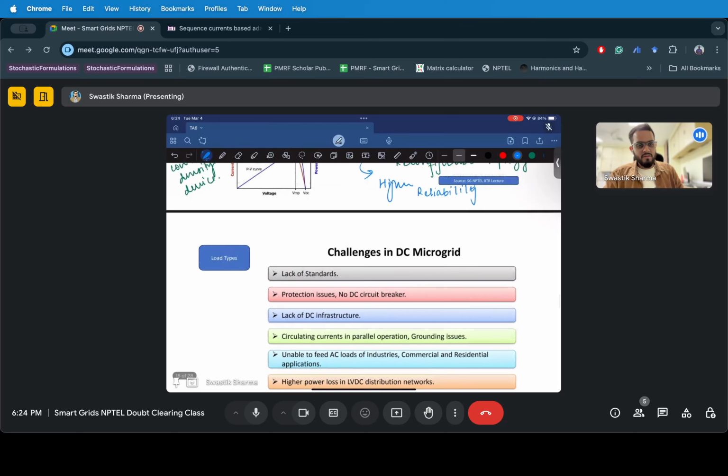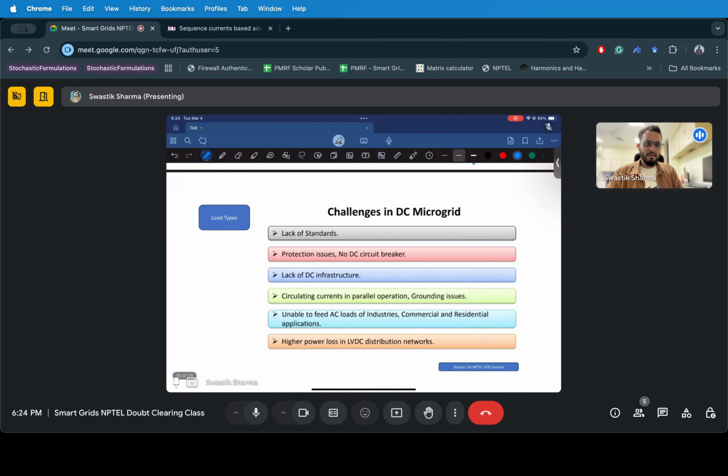Then Tesla came with the idea of the AC system, right? The three-phase voltages and currents, right? And after that, all of our standards are set in such a way that they support AC systems only. Not right now, I mean, the picture is much better than it was 7 years or 5 years before, but we still have a lack of standards.